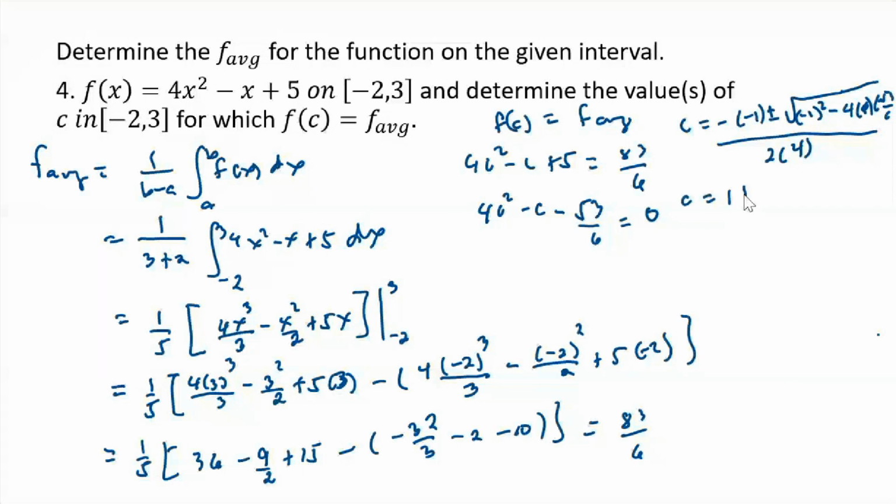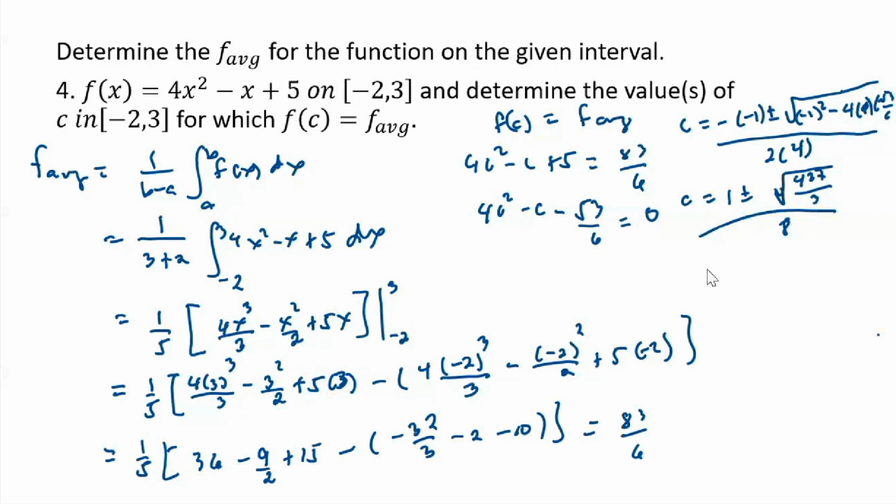Let us solve this. The square of negative 1 is 1, so we have 1 minus 4 times 4 times negative 53 over 6, which equals the square root of 427 over 3, and then all over 8.